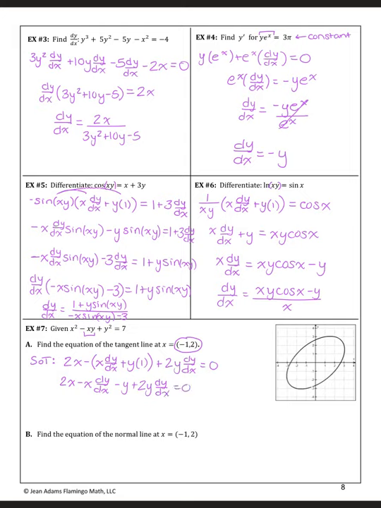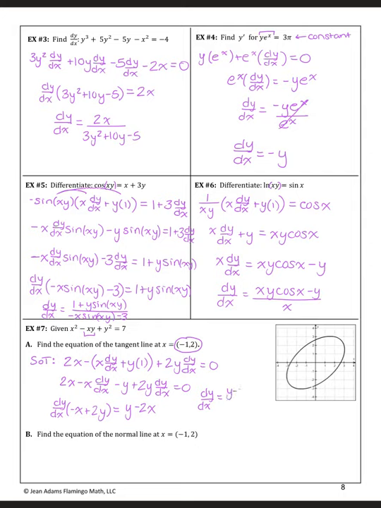Factor out dy/dx and move everything else over. You will get dy/dx times negative x plus 2y is equal to y minus 2x. Divide to get dy/dx by itself.